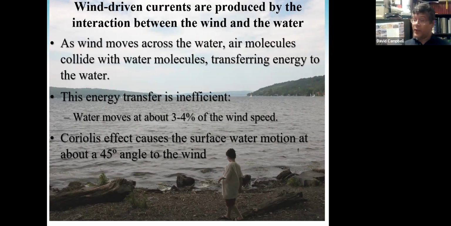So the water only gets going a few percent of the speed the wind is moving. But also, while the wind is blowing on that water, the Earth is still spinning. And so, as a result, the water moves off sideways relative to where the wind is going.